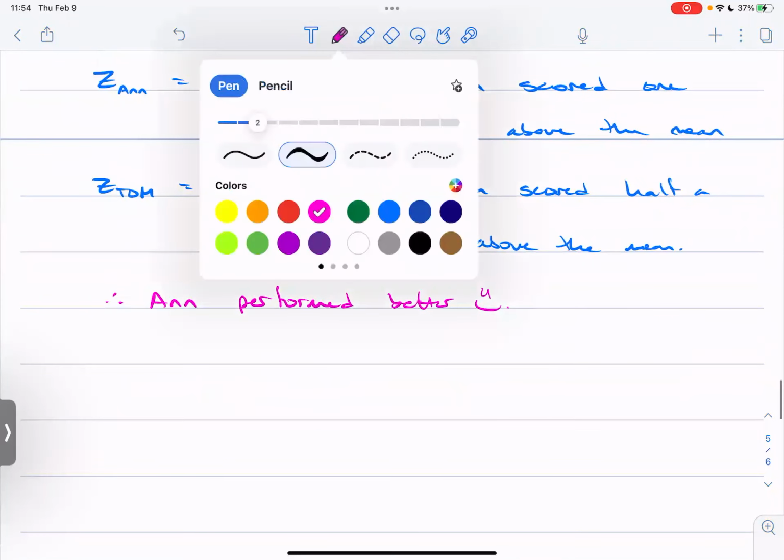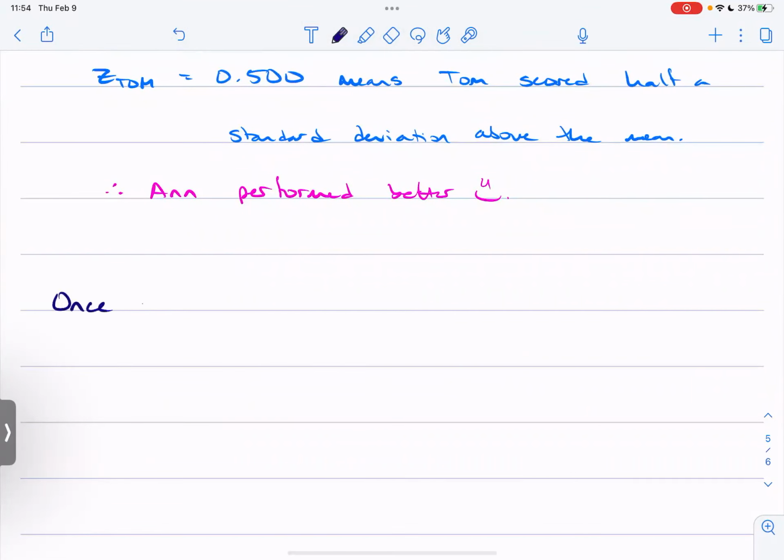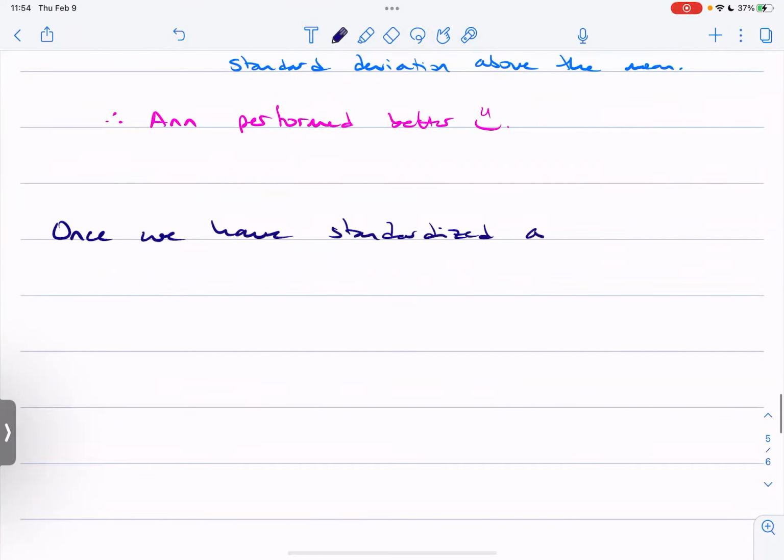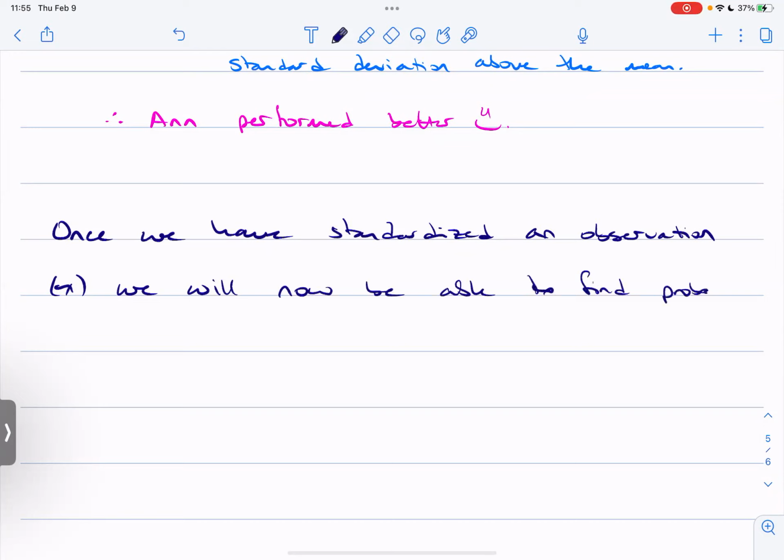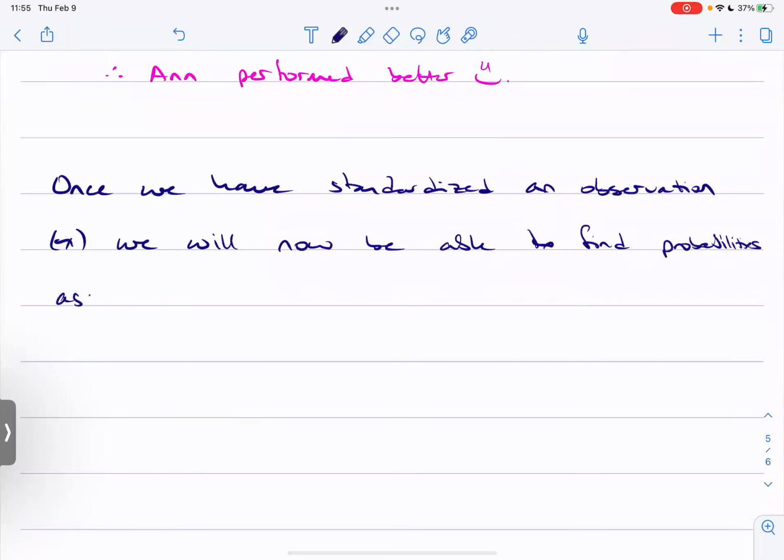So once we have standardized an observation, and just to emphasize, we denote that observation by X, we will now be able to find probabilities associated with X. Okay. How are we going to do that?